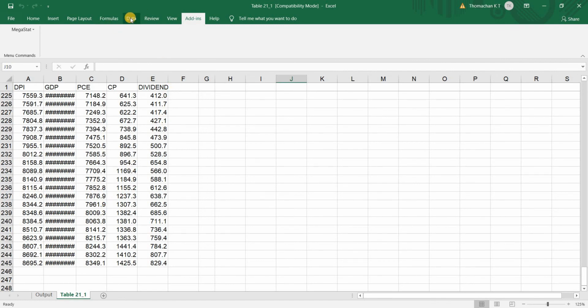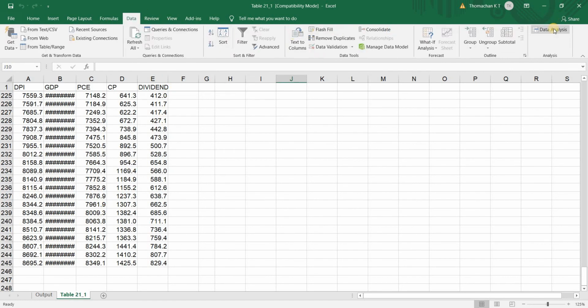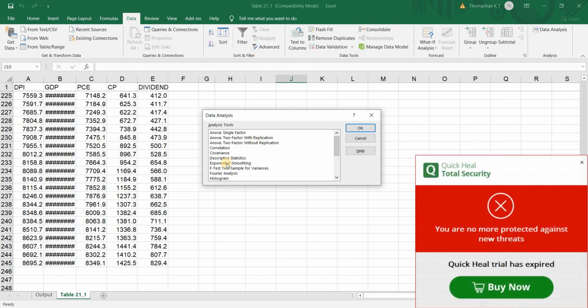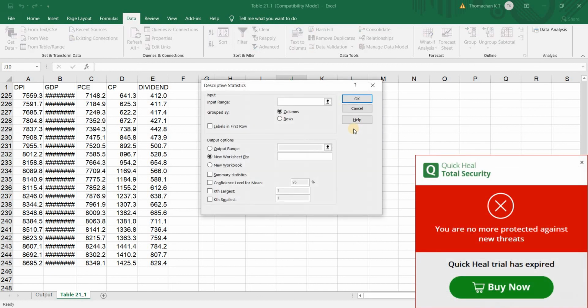Also, you can use the data analysis option available with Excel for ANOVA, correlation, descriptive. You can use this descriptive statistics.